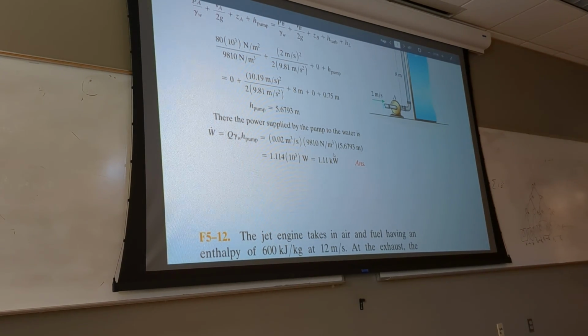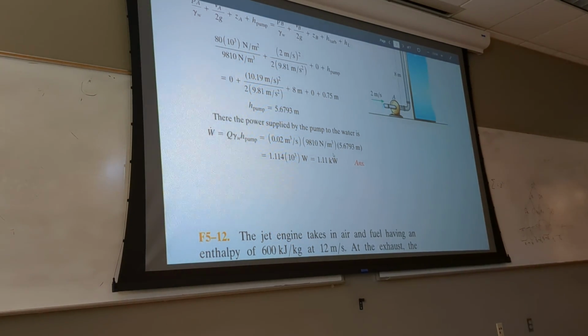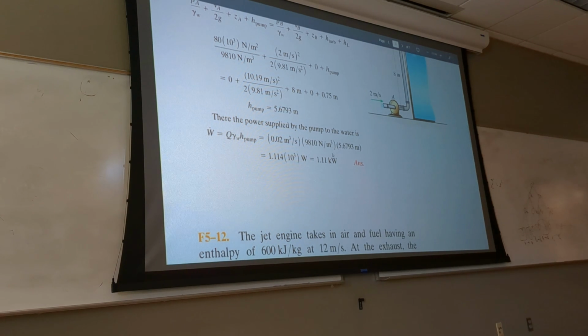The actual energy you should give to the pump is a little bit greater than that. Why? Because the pump itself is not 100% efficient. That's the energy that the pump is giving to the flow. You have to give the pump a little bit more energy, right? For example, if it was 90%, can you tell me, if the efficiency of the pump was 90%, how much energy should I give?